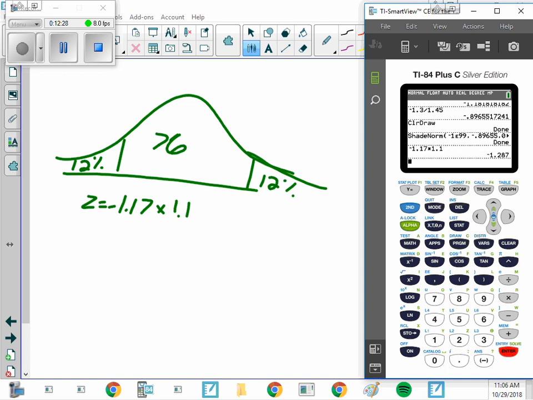What does that tell me? Their arm measurement is 1.287 inches smaller than average. So I add that back to the average, 18.47. And this person's measurement would be 17.183.